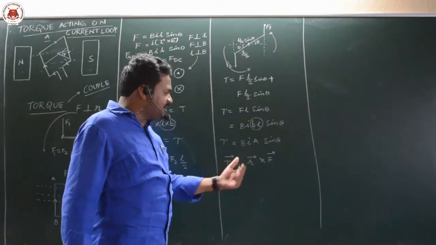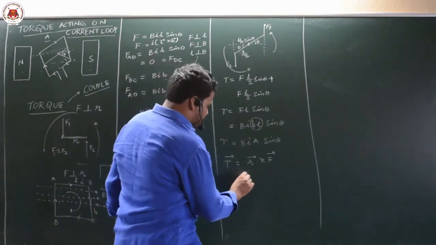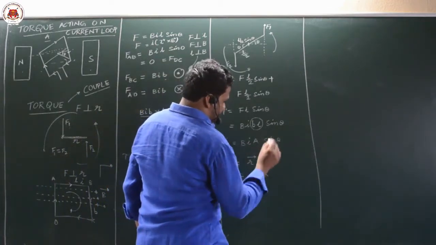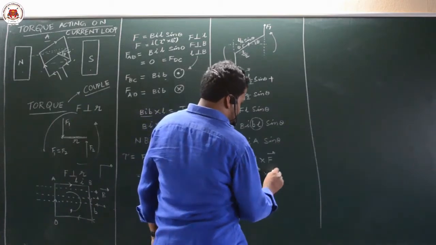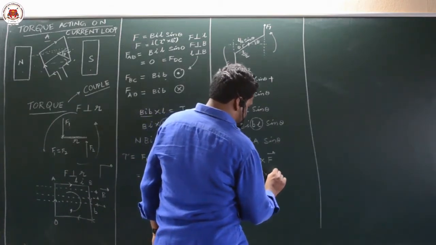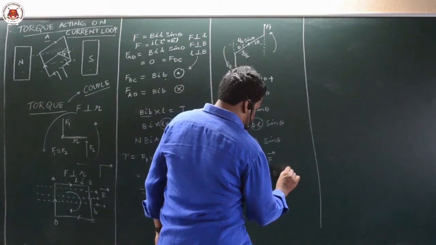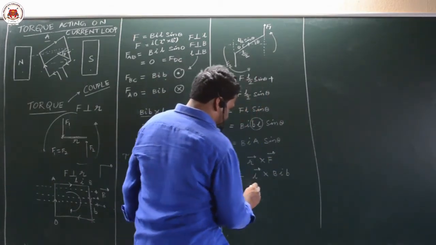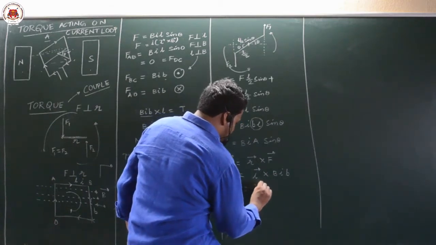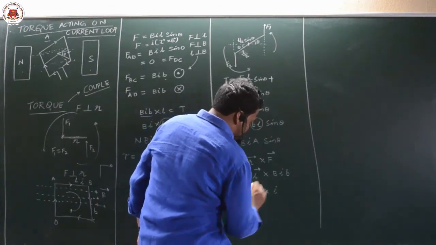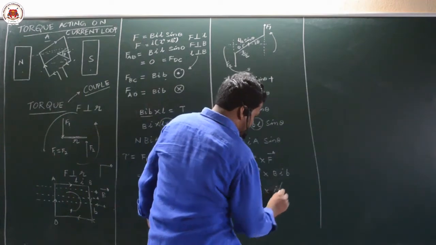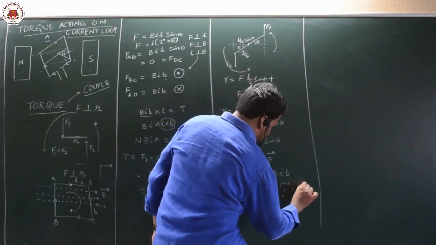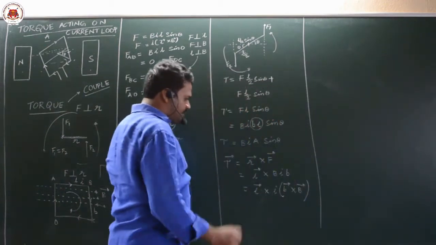That if you take directly as L bar, cross force, force is BIL, here I into L bar cross B bar.